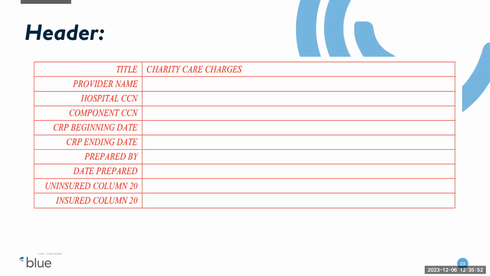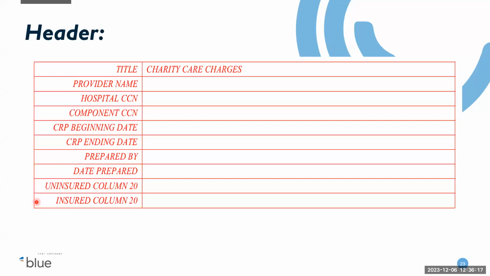Okay, so similar header to what Becca indicated earlier. Really it's the provider name and the hospital CCN. The hospital CCN has to be on there, no matter if you're reporting one of the sub-provider or the RHC S-10 listings; that normal hospital CCN still has to be in there. It's got the cost report beginning and end date, prepared by, and date prepared.